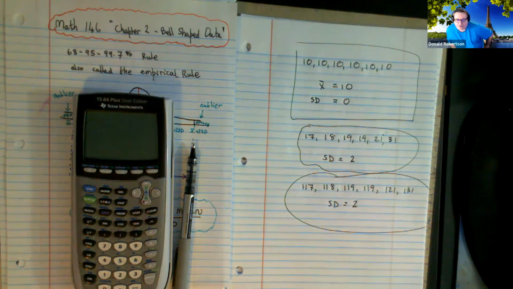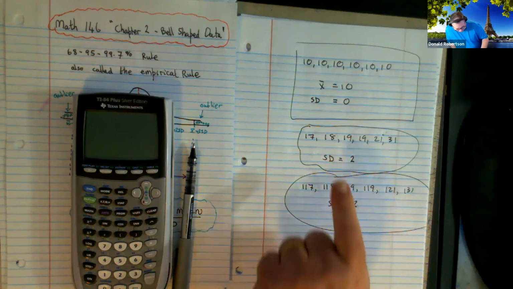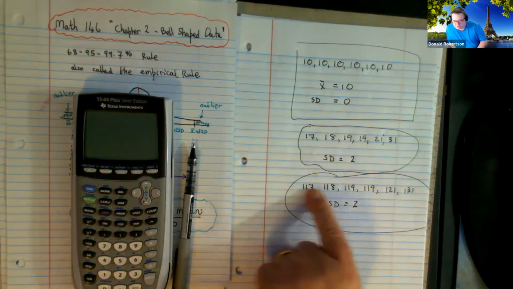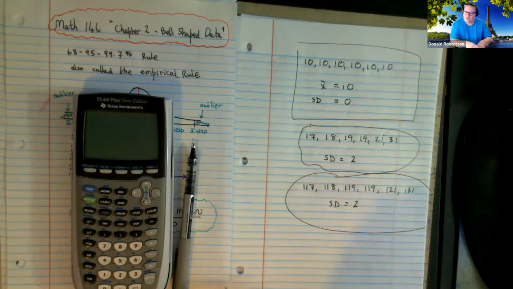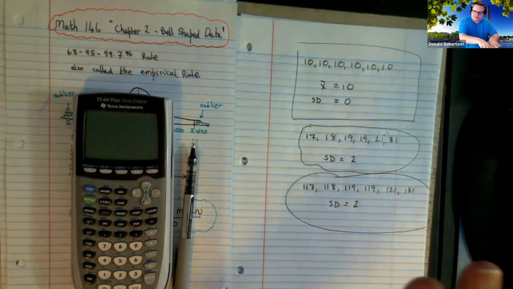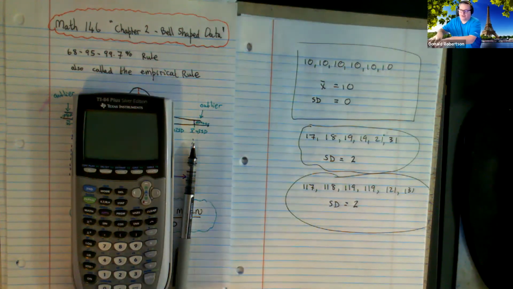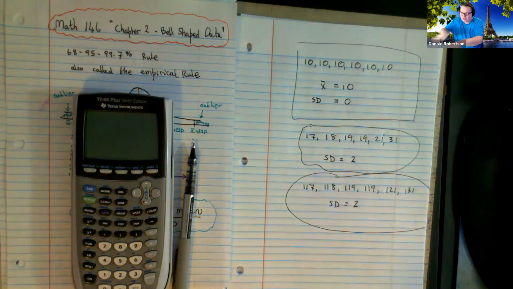Here's just a different way of looking at that. Would you agree the only difference between this set of data and this set of data is I added 100? So whatever the first set of data is spread out, haven't you just taken the same numbers and shifted them 100 to the right, but kept the spread the same? They're just spread out in the hundreds as they were in the original. So that's my way of explaining that.